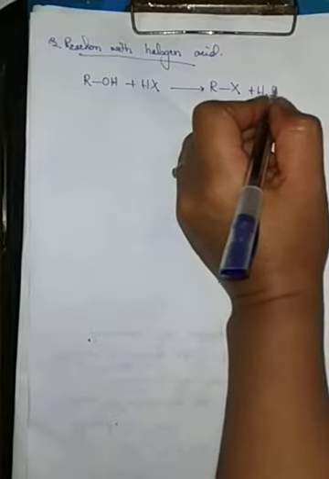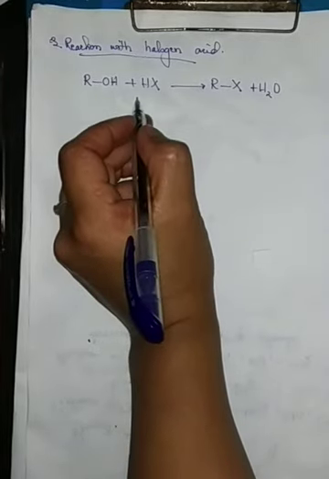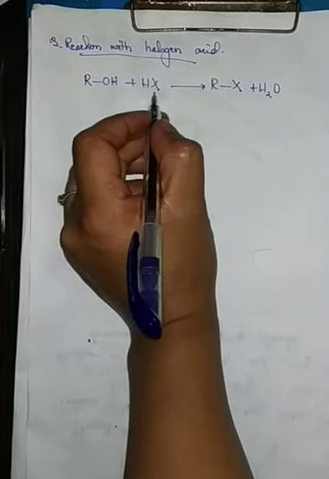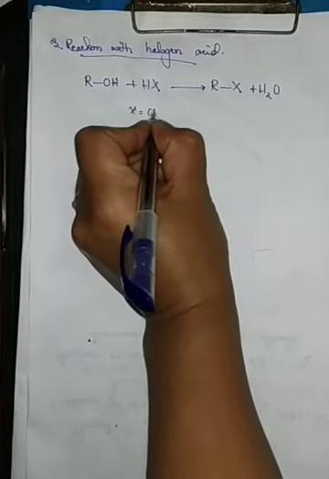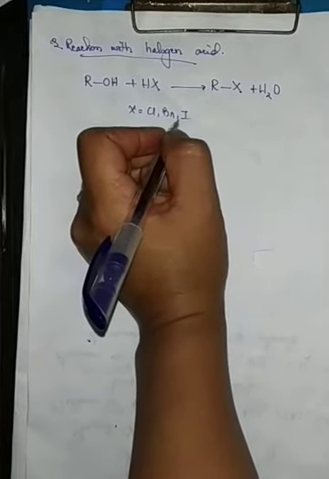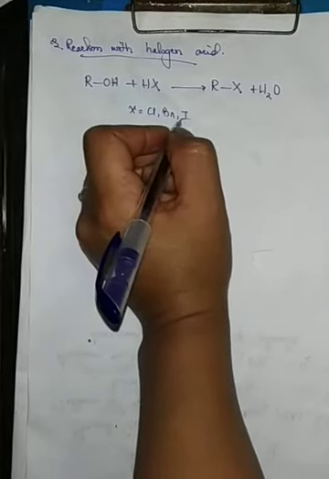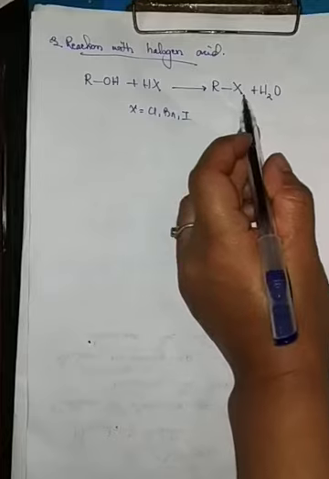Now here, in the reaction of our alcohols with our halogen acid, the X can be Cl, Br, or iodine. Now, on treatment with a halogen halide, an alcohol will give us a haloalkane.